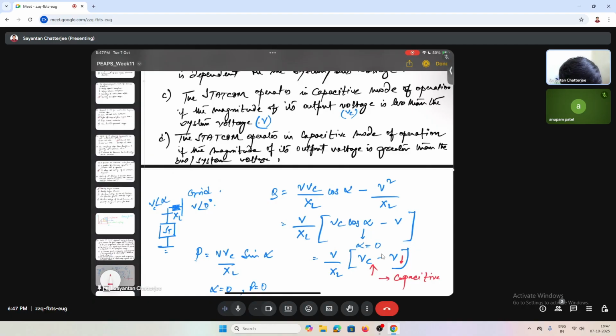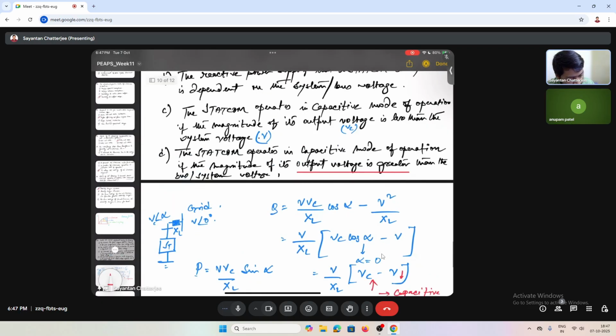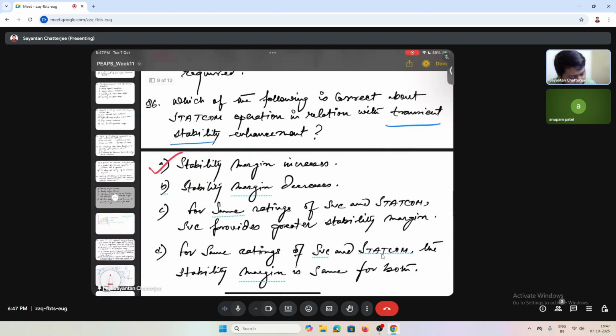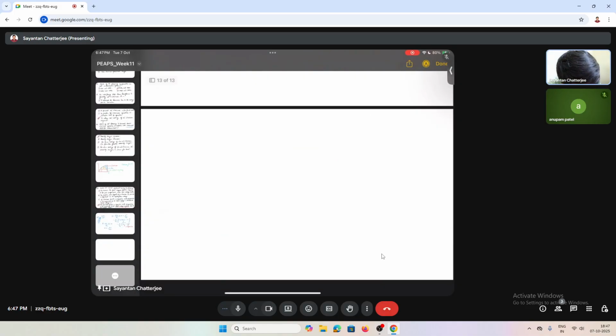So Vc is high when the output voltage is greater. This is the right answer. I hope I have clarified it. Yes, sir, option D is correct.